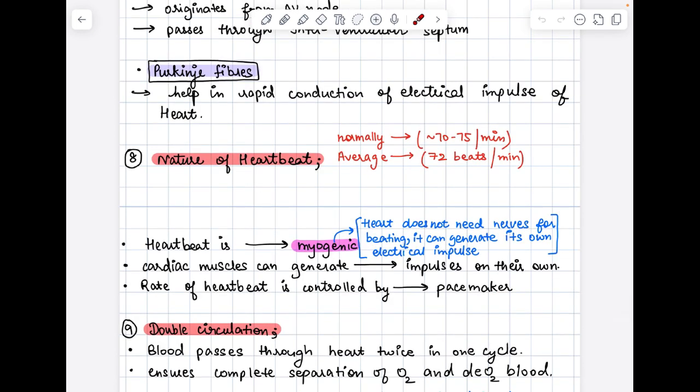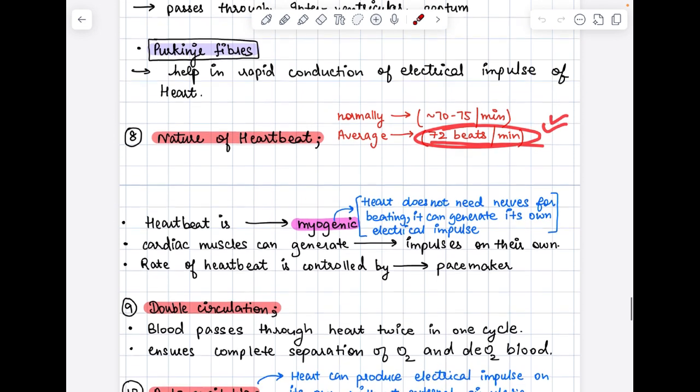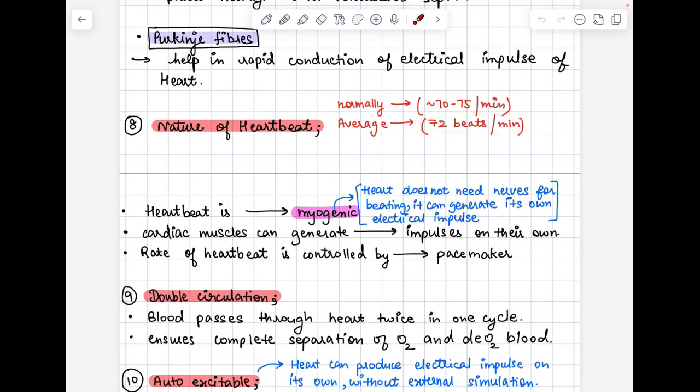So next we have the nature of the heartbeat, and also we know that normally it is approximately 70 to 75 per minute, and on average we have 72 beats per minute. And we also know that heartbeat is myogenic.